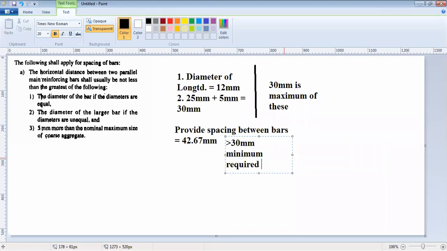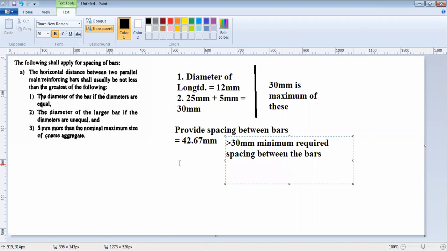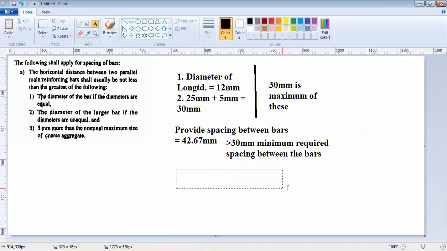Spacing between the bars. Now why? We have probably discussed this before. What is the requirement of minimum spacing of bars?